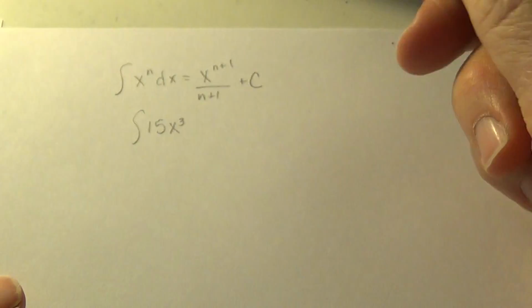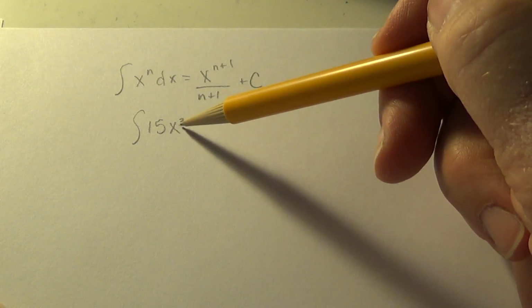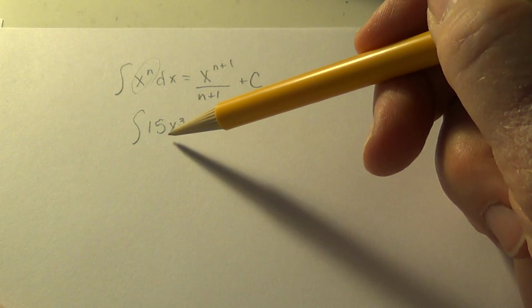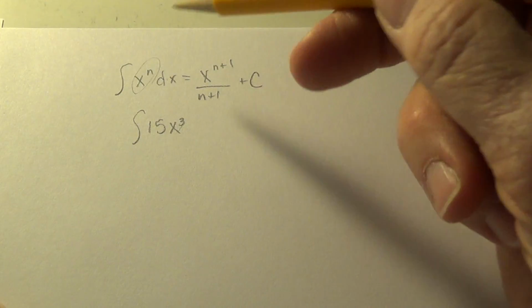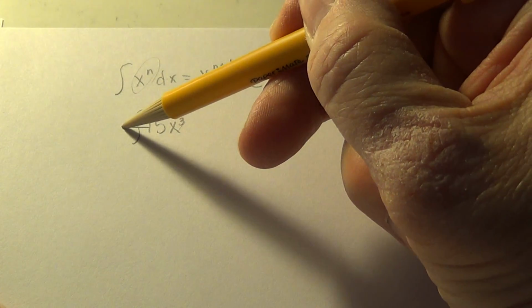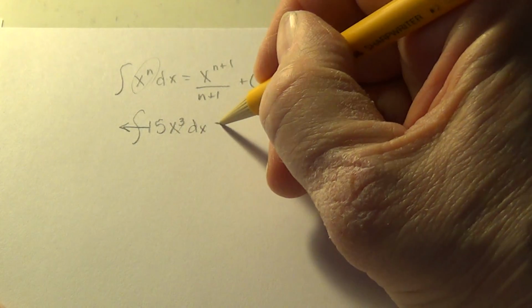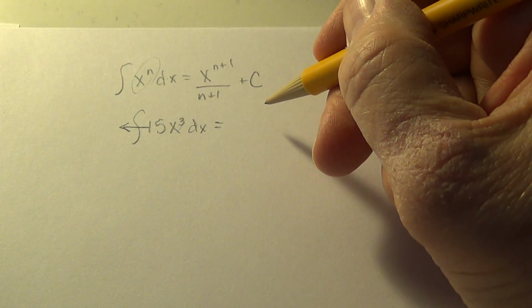You'll recall everything that we integrate should look like this, other than trig functions. So we have to get this to follow this pattern. So we've got to move the 15 out of the way. Constants may cross the integration sign.